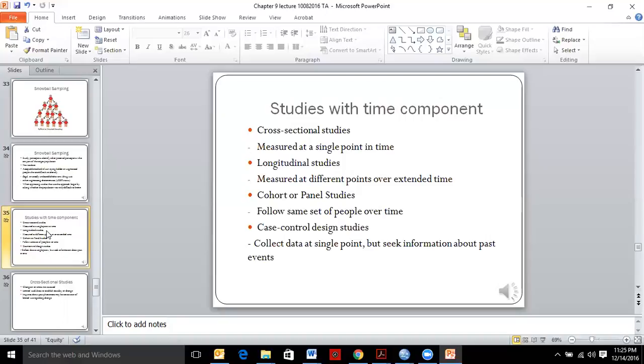In longitudinal studies, we measure a phenomenon at different points over extended time. In cohort or panel studies, we follow the same set of people over time. And in case-control design studies, we collect data at a single point, but seek information about past events.